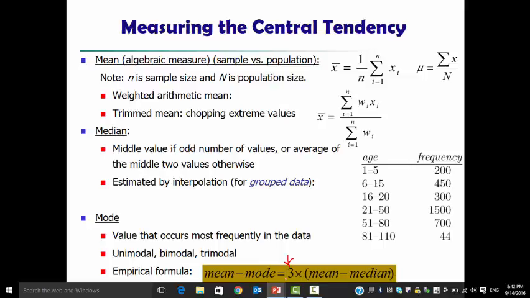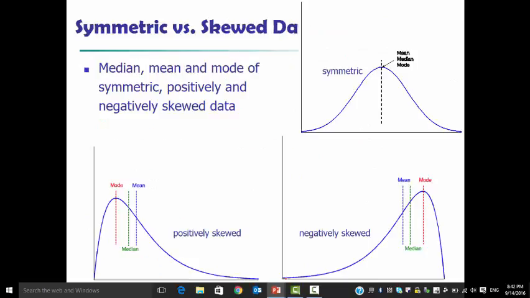Meaning the data collected from the real world, then usually it looks like this. We can see that clearly in this skewed data. Skewed means this is positively skewed, negatively skewed.